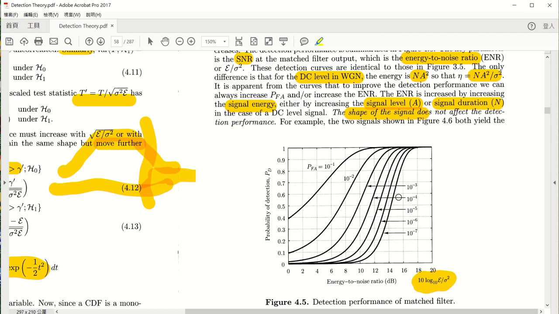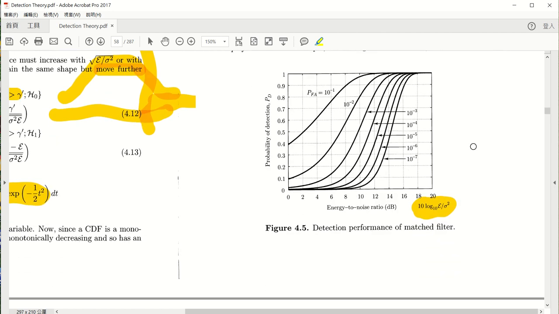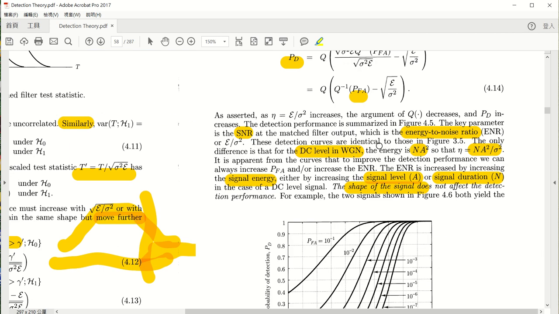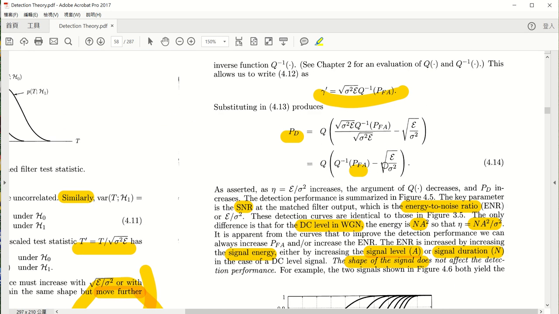But here, if you have low PFA, then you see the PD goes from here to here. As a result, you need to increase the SNR to make the PD better. That's the one aspect to look at this equation, 4.14.